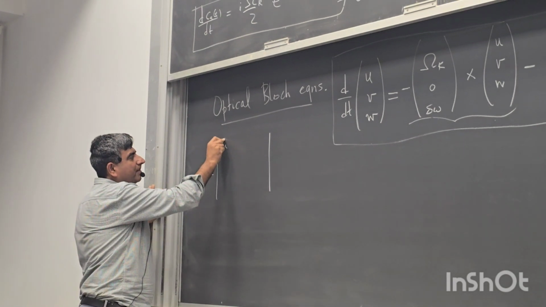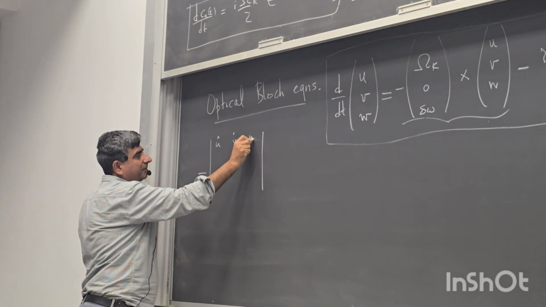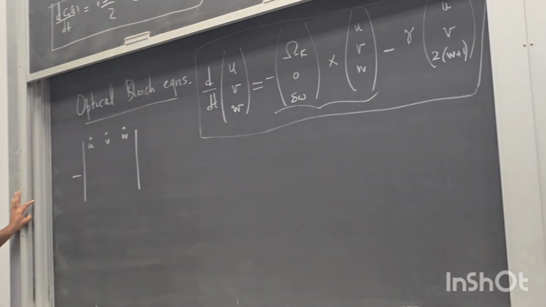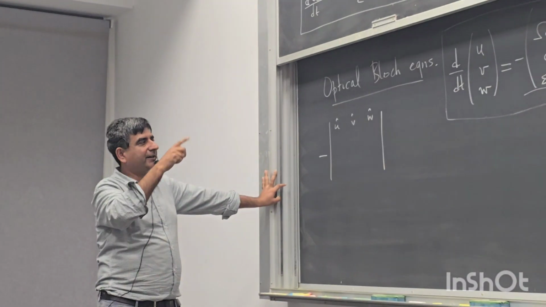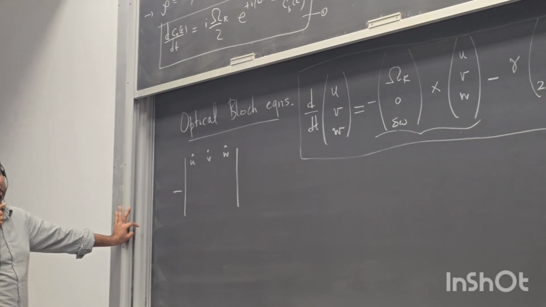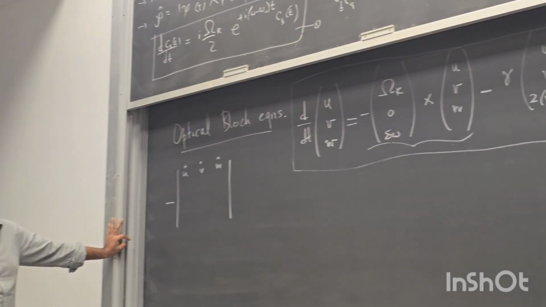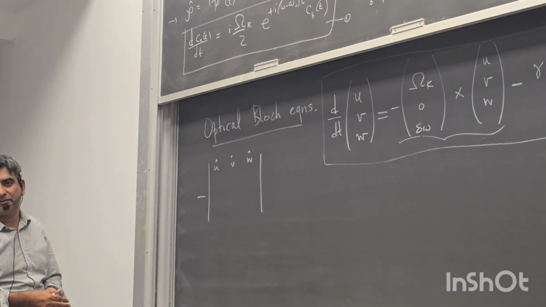Let's call them U, V, and W. When you find out the relationship between U, V, and W, it will become clear that one of them is pointing along the x direction, the other along the y direction, the third along the z direction.